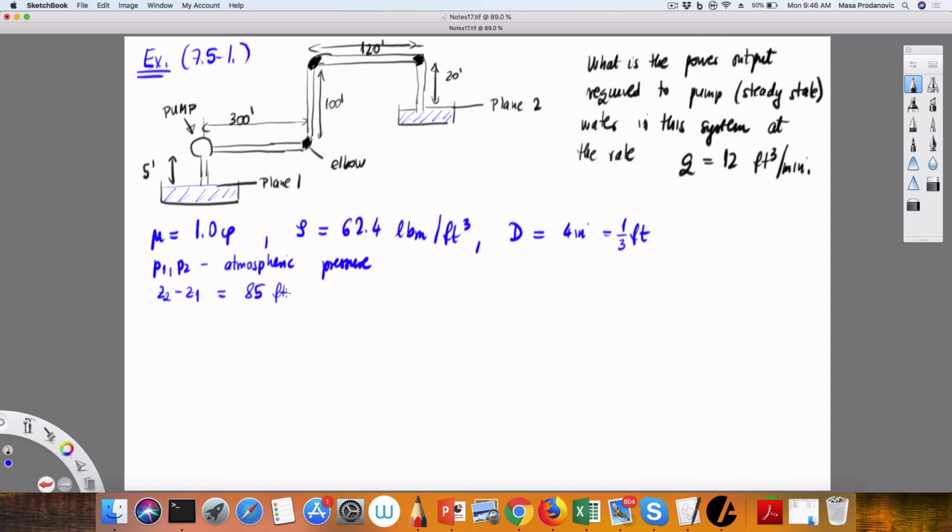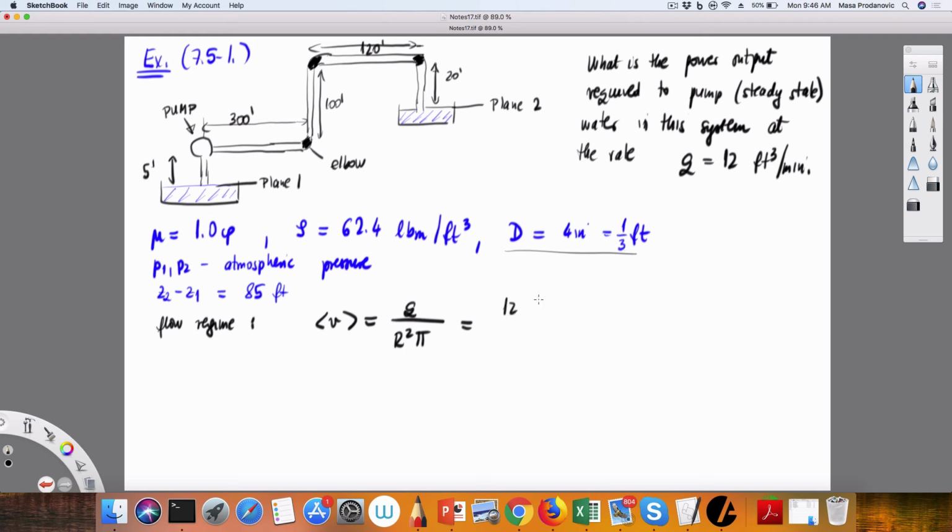So how do I estimate the flow regime here? That's my first step. You can compute an average velocity. I can, indeed. So my average velocity is the required flow rate divided by pi r squared, and I have the diameter, right?